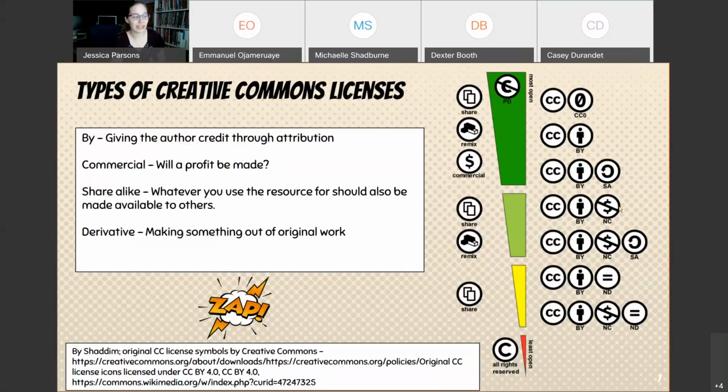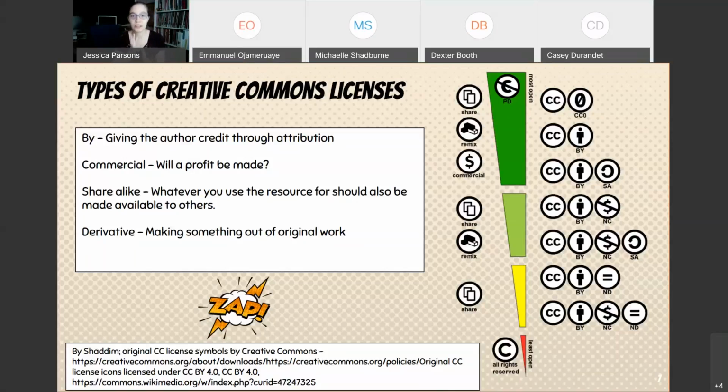The next level is we have Creative Commons BY, but then we have this NC, or non-commercial. That simply means that whatever is created cannot turn a profit. That means that I can't take this resource that Rayon created, make some changes to it, package it up, and try and sell it to anybody else. It needs to stay freely available.